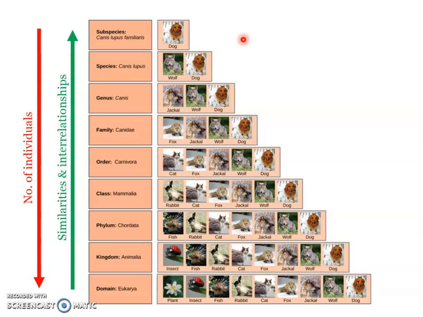Now next, what do we do? We compare the groups. We compare the characters of the groups. And then what we found, comparing all these groups, is that the wolf and dog groups have certain characters similar. They show a little more resemblance or similarity as compared with other groups.